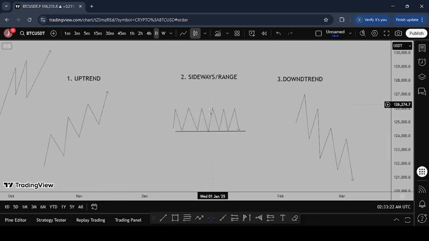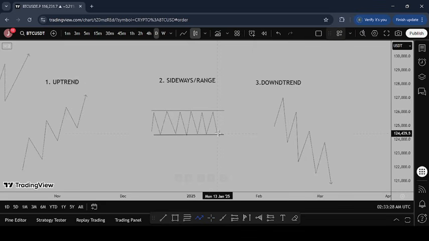So what does this mean? It means the market can decide to take out liquidity below and continue moving down, or the market can decide to take out the liquidity above, then continue moving down, or retest and continue moving upward in a range.